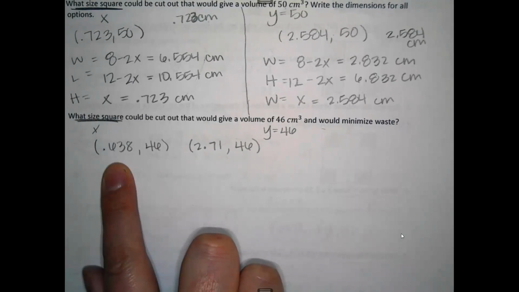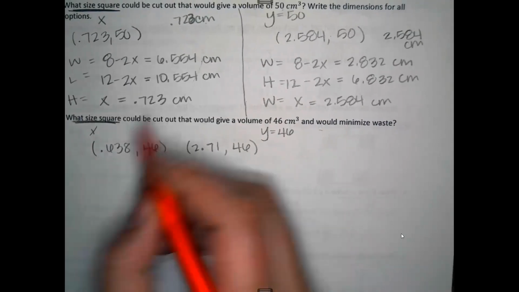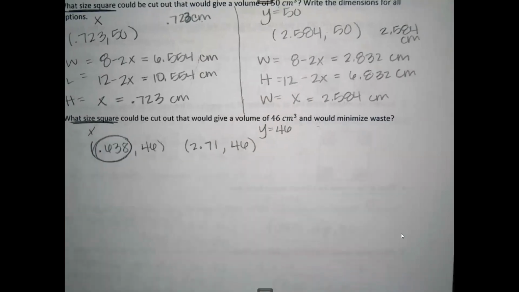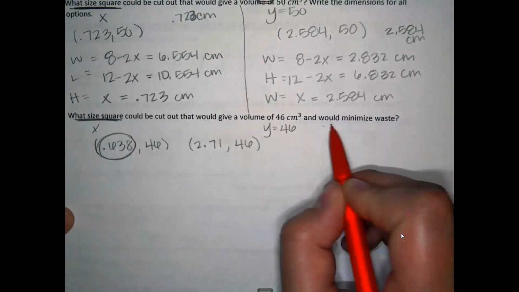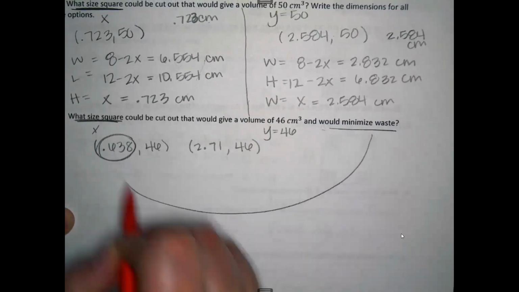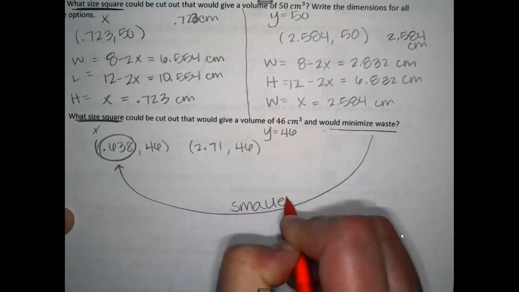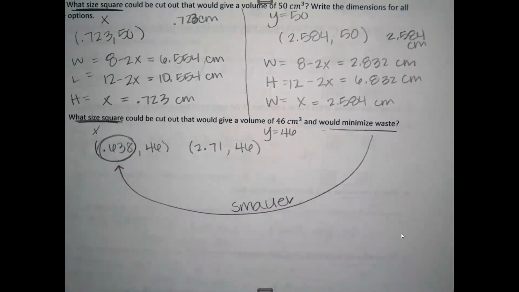Whichever square is smaller, that's going to be the one that produces less waste. So if you want to make a box of a specific volume, whichever one is smaller, that's the one you go with. The one that's bigger produces more waste. You always go with the smaller one.